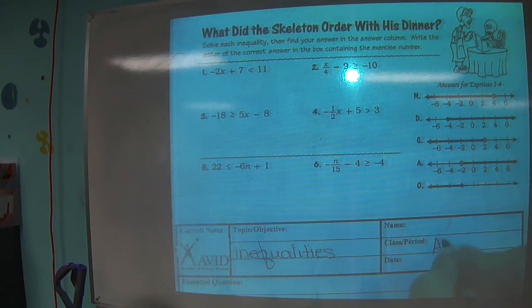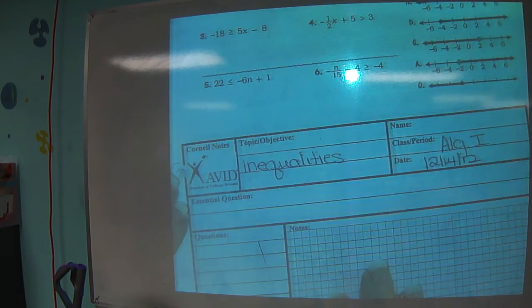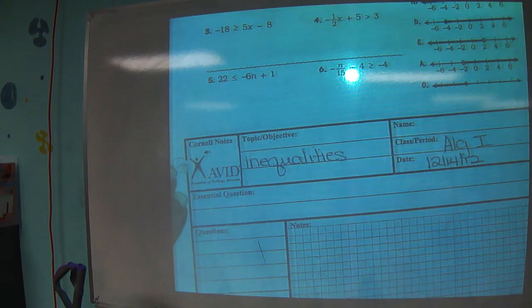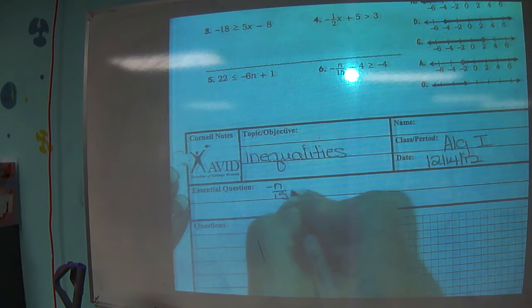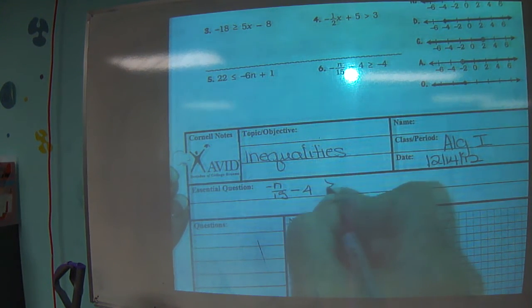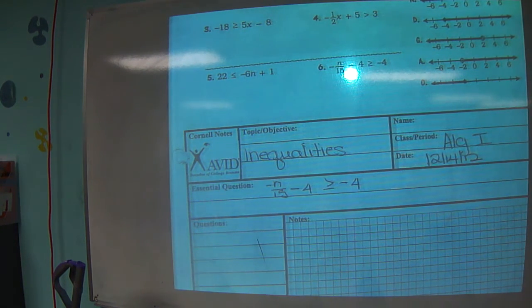We're in Algebra 1, and the question we're working on today is negative n over 15 minus 4 is greater than or equal to negative 4. What are we trying to do?